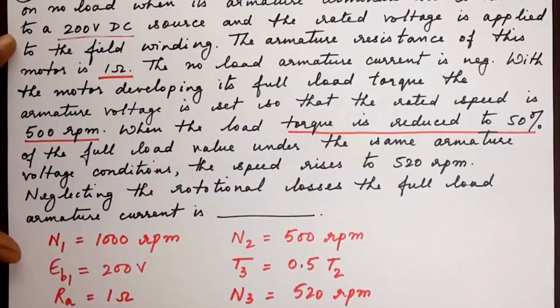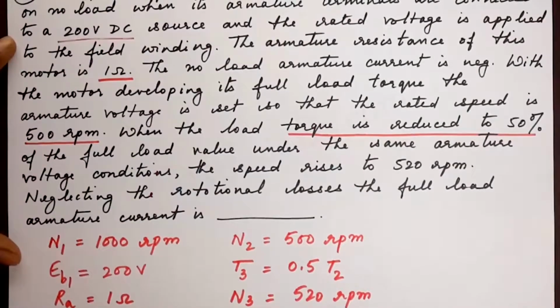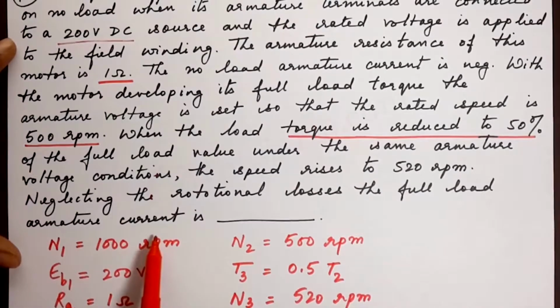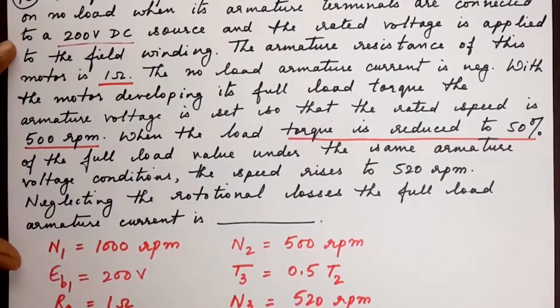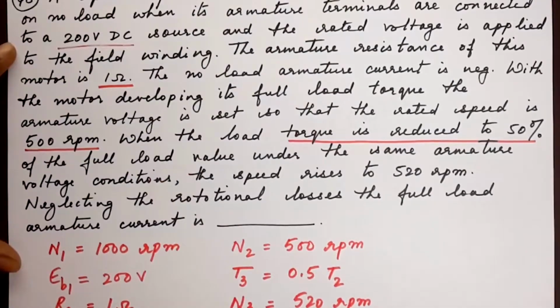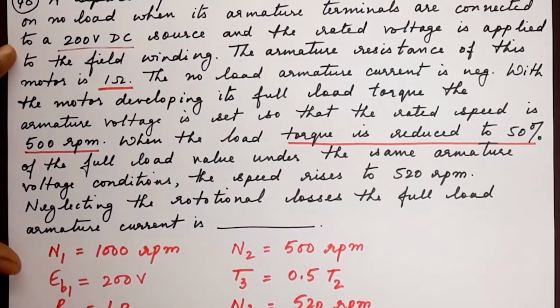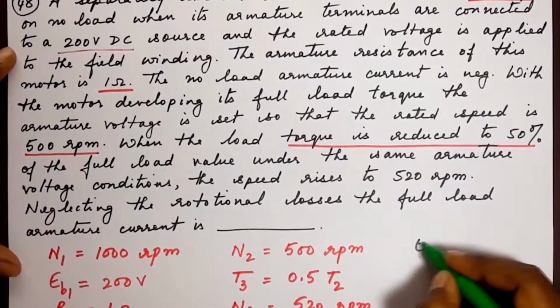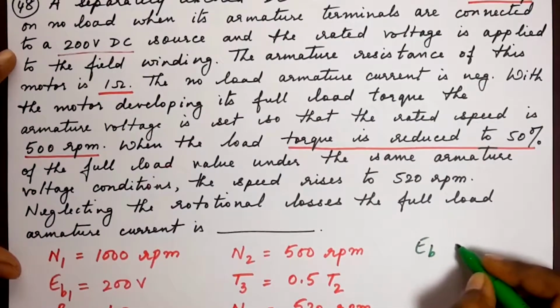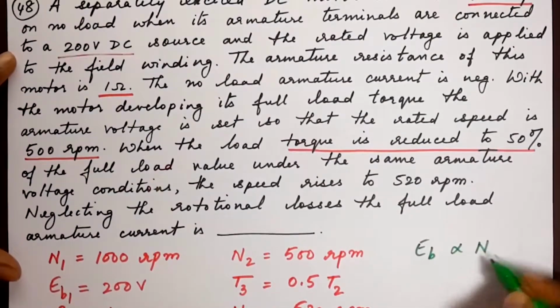Now we are supposed to find out the armature current. Let's begin with the general relation. For a DC motor, the back EMF is directly proportional to the speed.